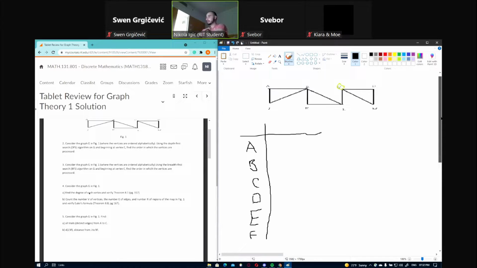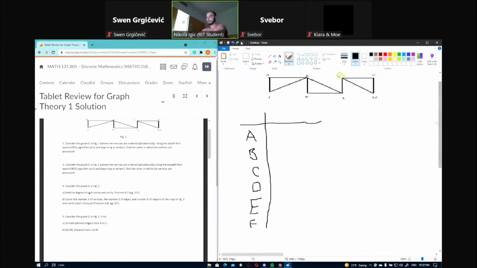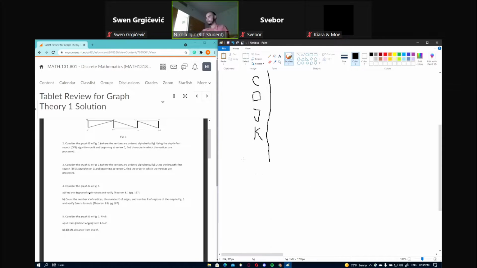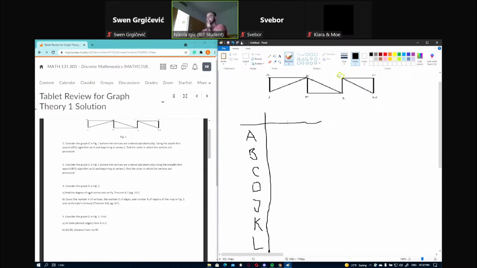A, B, C, D, and the E column. Now I'm using the mouse, so just imagine this scale with the mouse. I think I'm not that bad, because I can read my writing, so I hope you can.